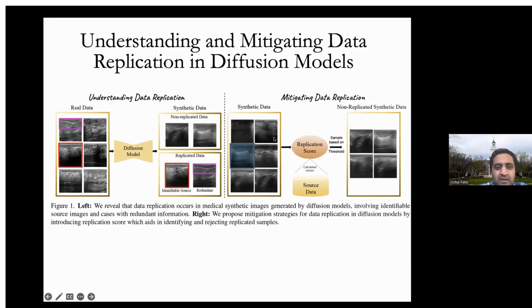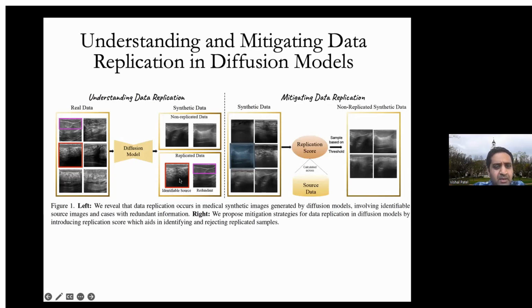We know that there is some sort of replication. Then how do we address this problem? How do we mitigate it? When it comes to data replication in medical imaging, there are multiple ways to look at it. One could be exact replication, meaning that whatever the training set you started with, the generated image is exactly the same as one of your training images.